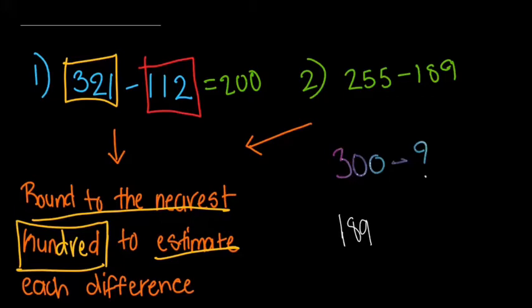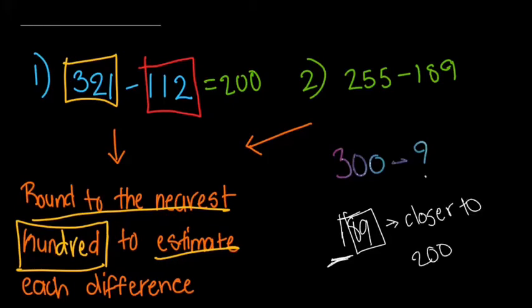And to round that, again, the first number stays the same, and we look at the rest of the numbers. 89 is closer to 200 than 100.